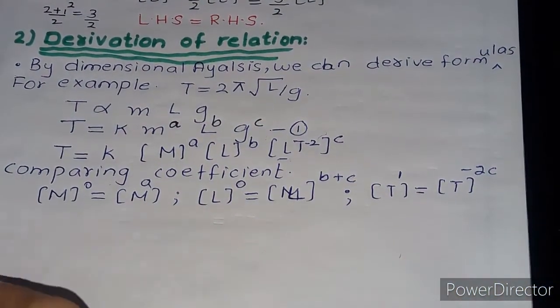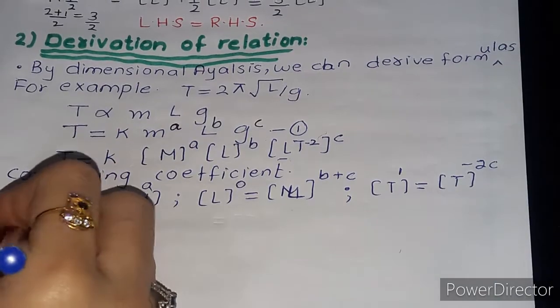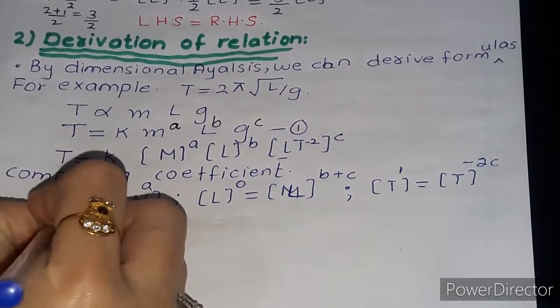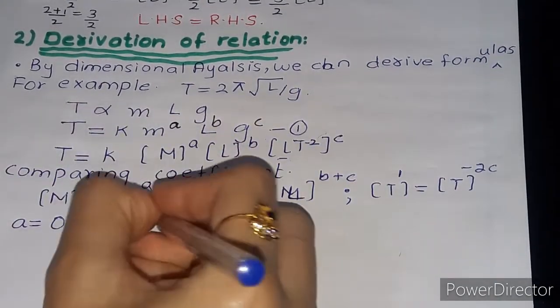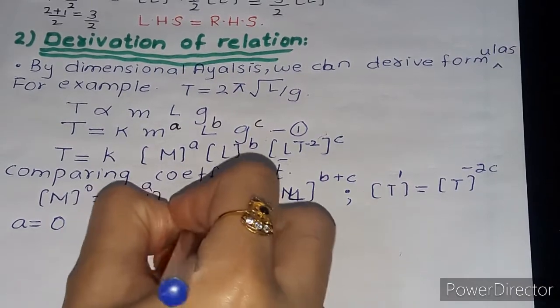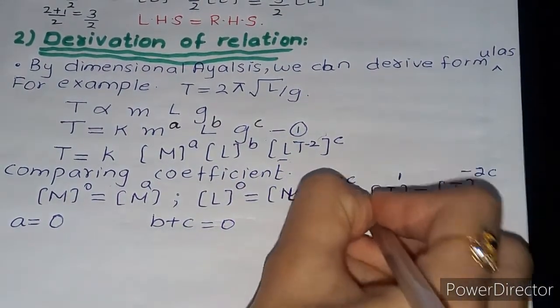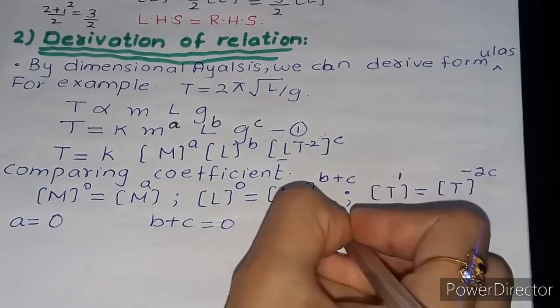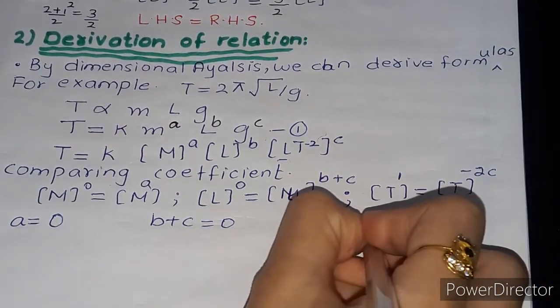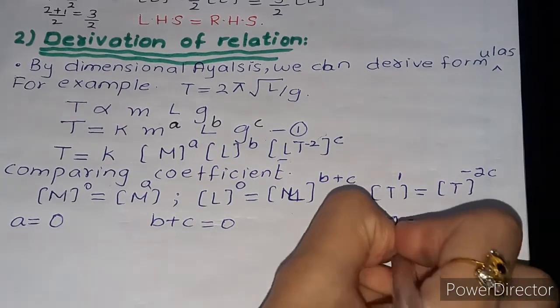Now we are comparing the coefficients. Here a would be 0. Here b plus c is equal to 0. Here 1 is equal to minus 2c, so c is equal to minus 1 over 2.